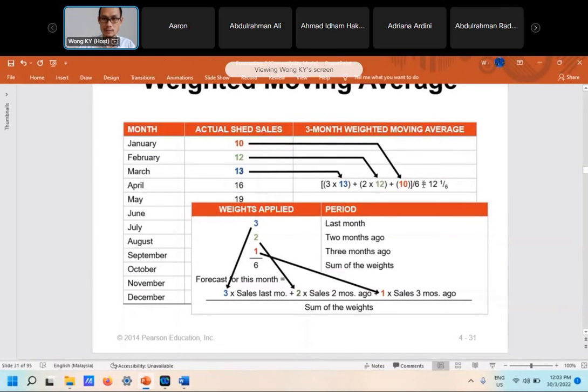And then weightage of 1 multiplied with the demand in January, which is 10. We total up everything, then divide back by the summation of the weightage. Summation of the weightage is 6, 3 plus 2 plus 1. And that will give you the forecast value. It is also known as the weighted moving average value.